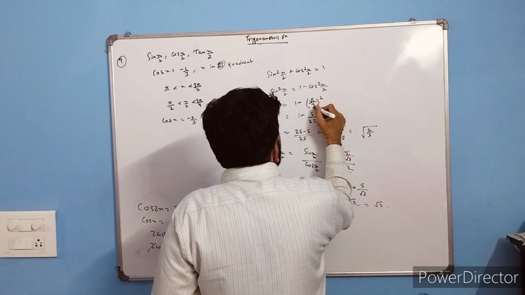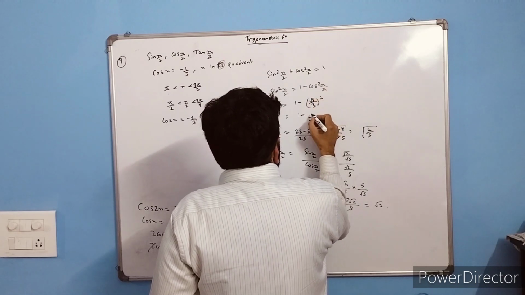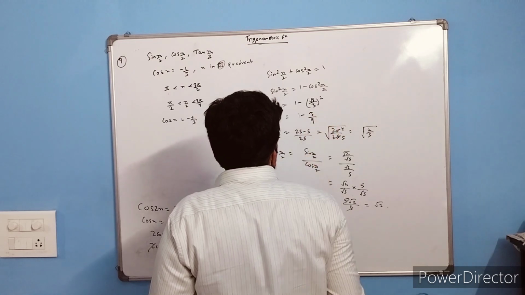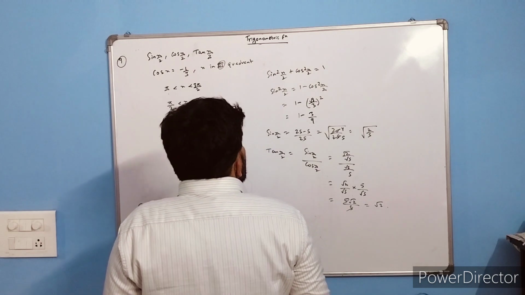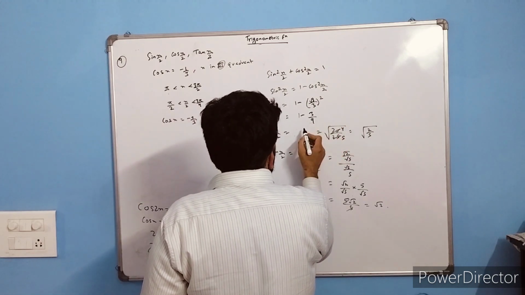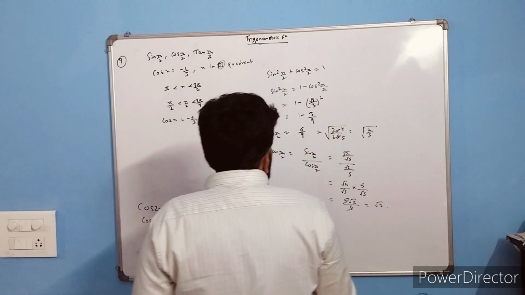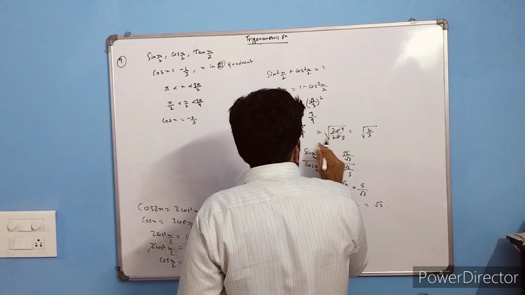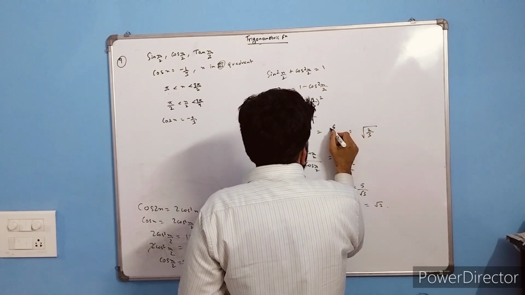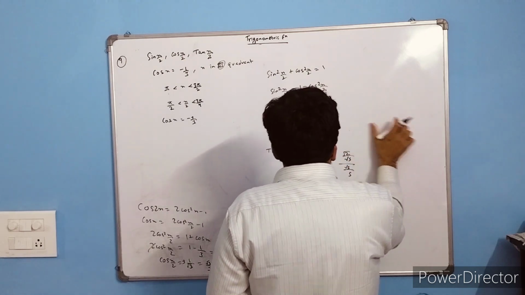Here we have 3 and here we have 3, so I got 3 and 9. Okay, so I got 9 minus 3, 6 upon 9. And the root, so we'll have the value root 6 upon 3. Okay, so I got this.